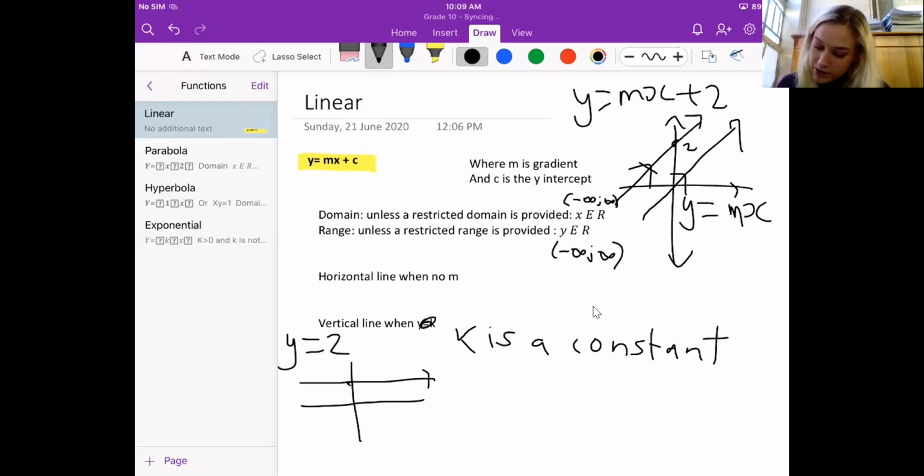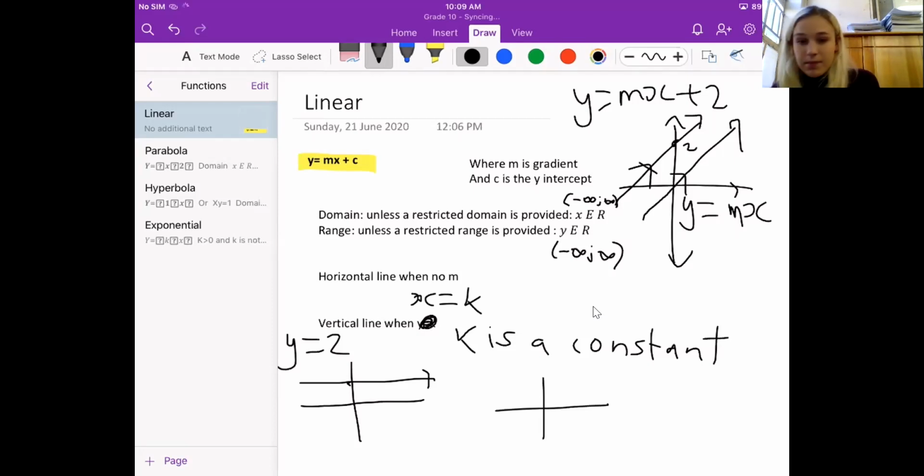Okay, our vertical line is not when y equals k, it's when x is equal to k. So I had that down wrong. So if we had to draw that, we would have x is equal to 2. Let's have a look.